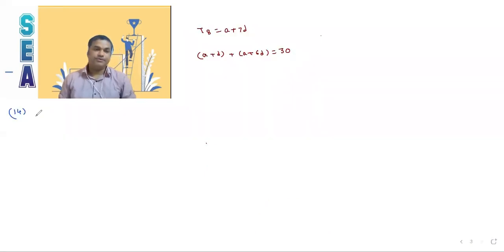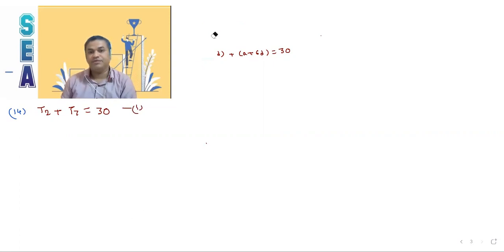The first statement we are saying is that the second term T2 plus T7 is equal to 30. So that is our equation number 1.